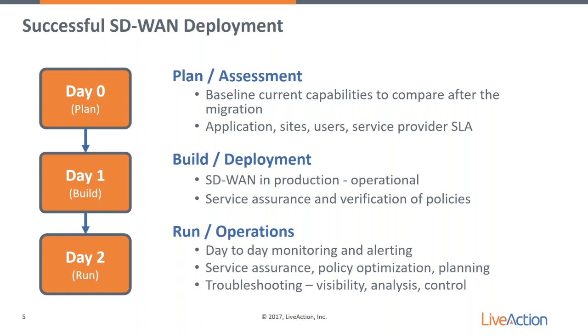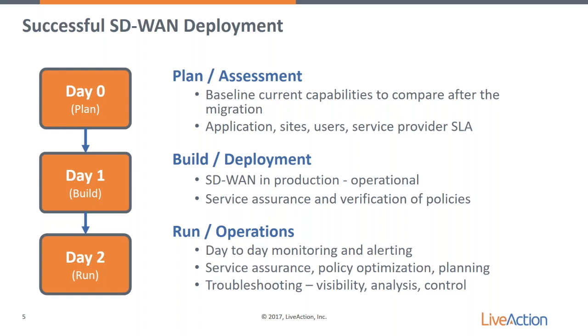So after they do the day zero, they typically choose a site or multiple sites to do the initial deployment of SD-WAN. And at that point, it becomes really important to understand the service assurance, like is the policy actually doing what you intended?